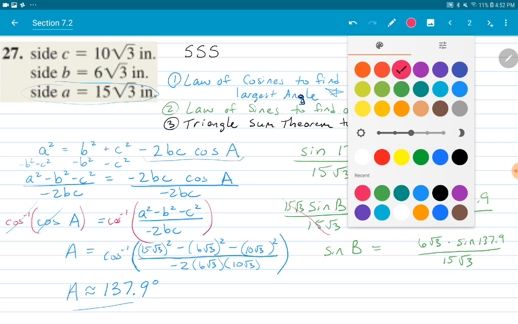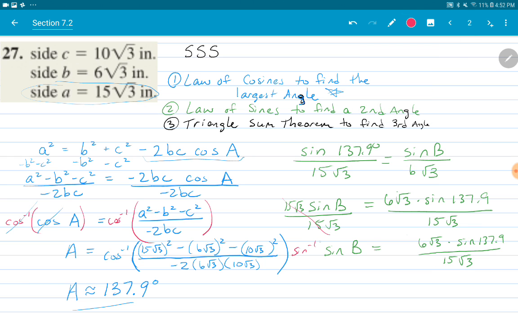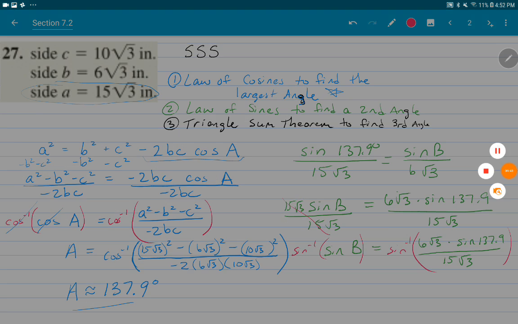So to get B by itself, I'll take sine inverse of both sides, because whatever I do to the left, I have to do to the right.